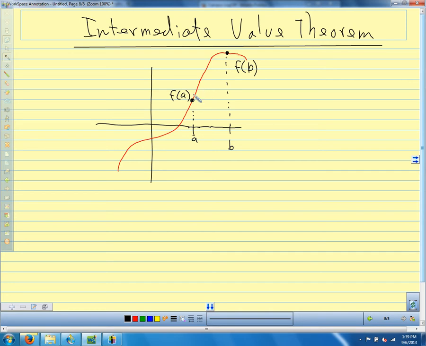So if f of A is 7 and f of B is 11, then for some point inside this region, we're going to be able to find a function value for every number between 7 and 11. So some x is going to give us some function value between 7 and 11 because our polynomial is smooth. There aren't any holes or gaps in it. So it takes on every value in between those two.